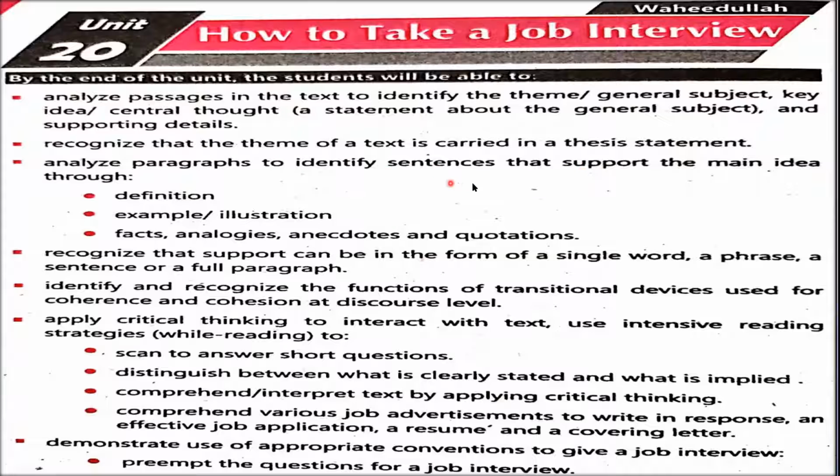Analyze paragraphs to identify sentences that support the main idea through definition, example, illustration, facts, and quotations. Recognize that support can be in the form of a single word, a phrase, a sentence, or a full paragraph. Identify and recognize the functions of transitional devices used for coherence and cohesion at the discussion level. Apply critical thinking to interact with text.